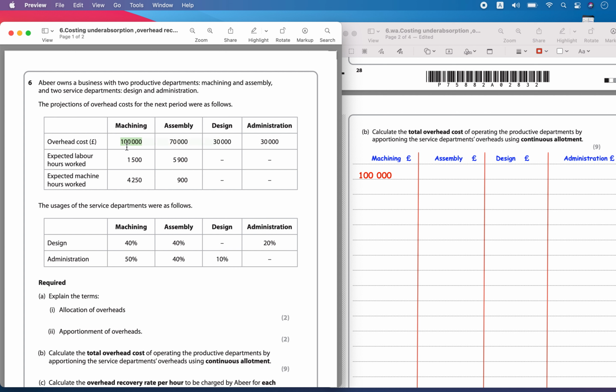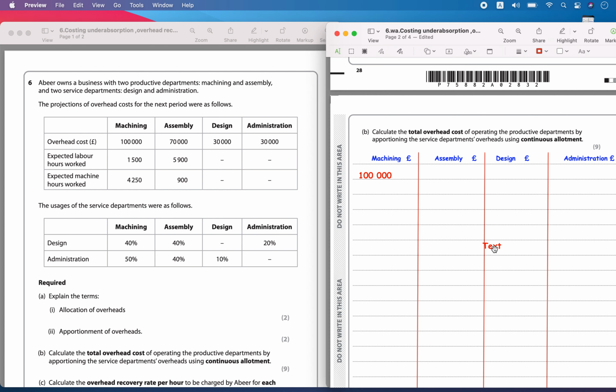These are allocated overheads, so you will start apportioning them. Then you have design, which has an allocated cost of 30,000, and this one is also 30,000. Certain costs have been identified.